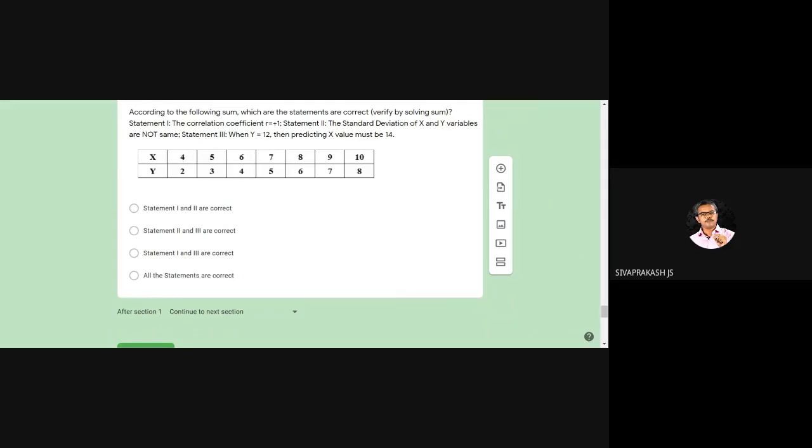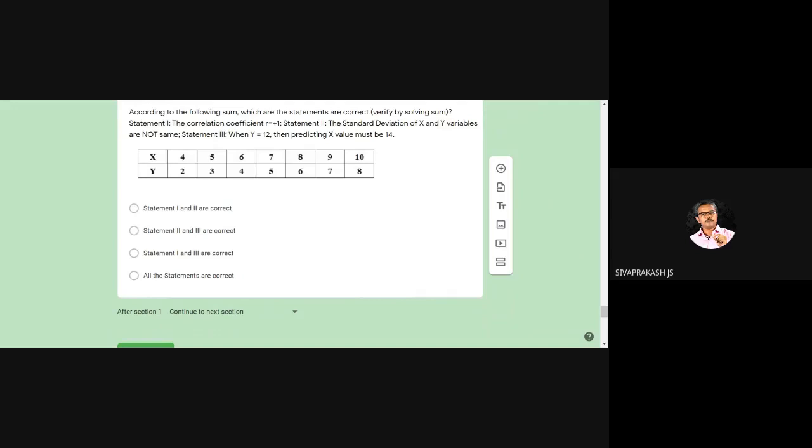Statement 3, when y is equal to 12, then predicting x value must be 14. Y is 12.